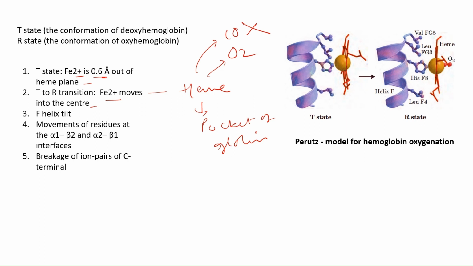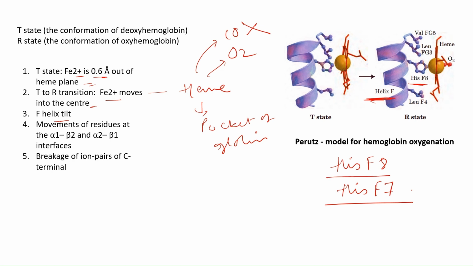Now, in the T state, when Fe is not bound with oxygen, it is a little bit outside the heme plane. As soon as the oxygen binds, the Fe2+ will move into the center, into the pocket. Next, what will happen? The F helix will tilt. In the diagram, you can see here in the R state, the F helix is there, to which this histidine is attached. In the last video, I asked you to remember two important positions, that is His F8 and His F7.